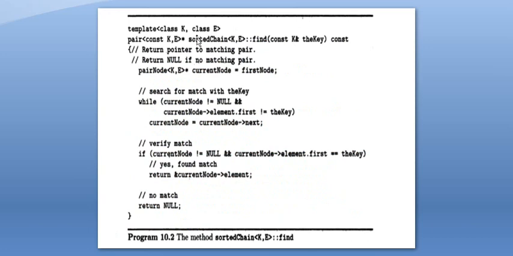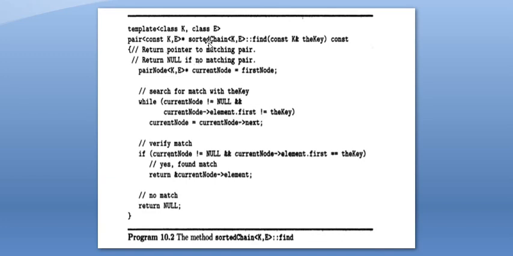Fine. So sorted chain, it says pair pointer, so it is going to return a type of pair pointer. It is returning a pointer, which means it has to return an address. So remember, using the pointer, we will be accessing the pairs, both information you can get. So it is returning a pointer to the pair.